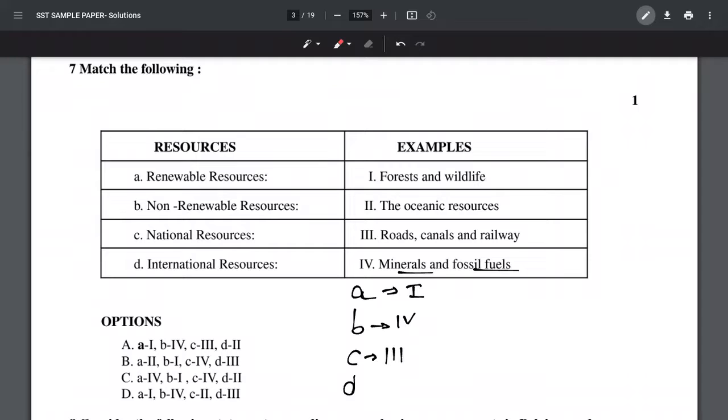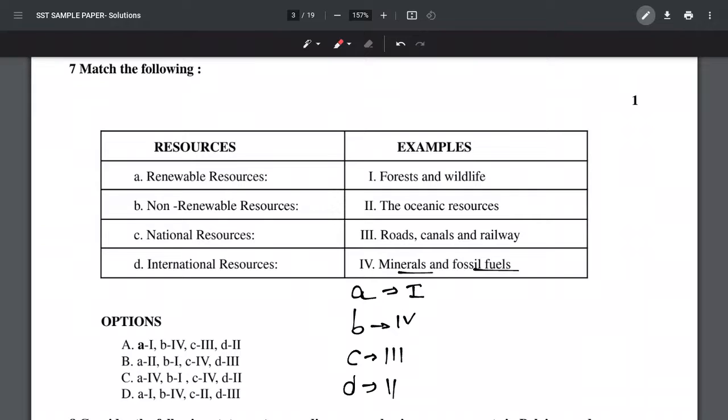Obviously, you'll take the same road. National resources, because road, canal, railway are present in every country and they have their own, isn't it? And the last one left is international, that is oceanic resources, because the ocean can be connected with various countries. So yes, there will be international relationships also through oceanic routes.